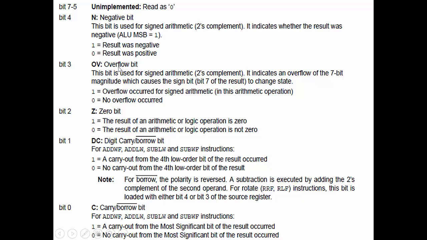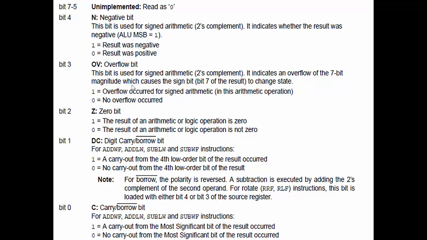Next, bit 3, shortly called OV, is the overflow bit. This bit is used for signed arithmetic, that is 2's complement. It indicates an overflow of the 7th bit magnitude, which causes the sign bit to change. If the 8-bit addition or subtraction, whatever you are doing, is completed, once the 7th bit addition or subtraction is done, then automatically the overflow bit will be set.